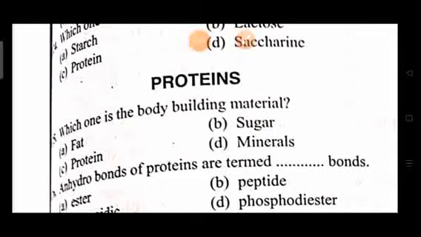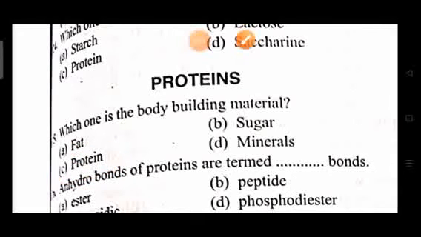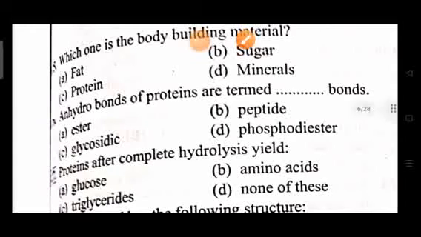Next, which one is the body building material? Already you know that proteins are considered to be the body builders. So protein is the body building material in humans and in any animal system.